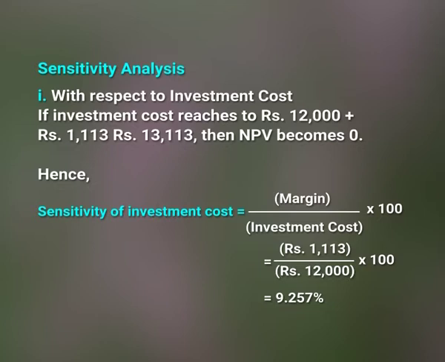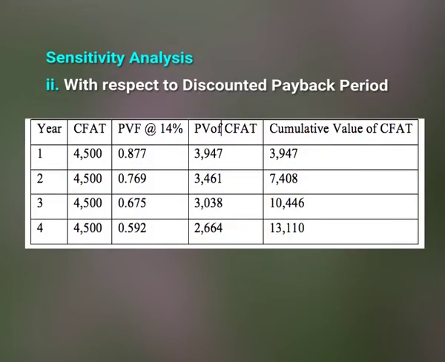Hence, sensitivity of investment cost is equal to margin divided by investment cost multiplied by 100, which is equal to rupees 1,113 divided by rupees 12,000 multiplied by 100, which gives us 9.257%.